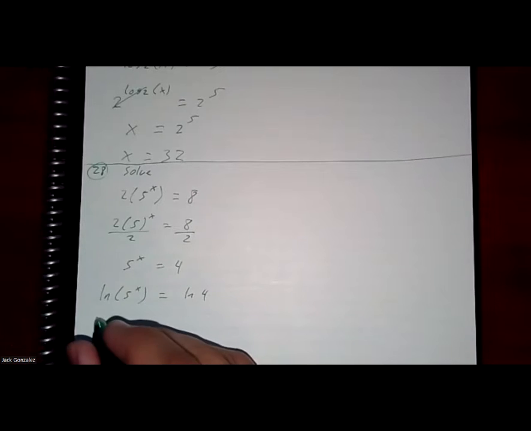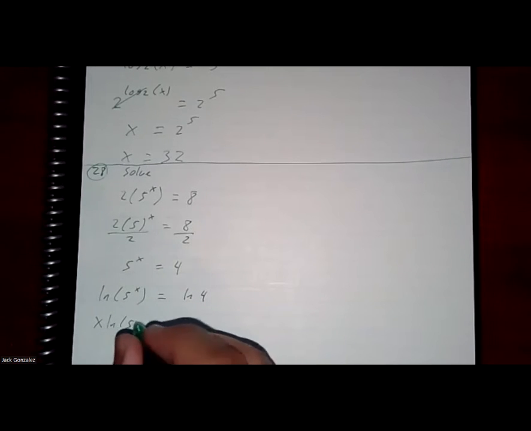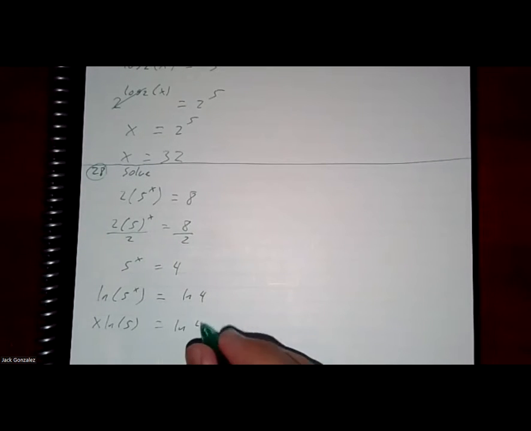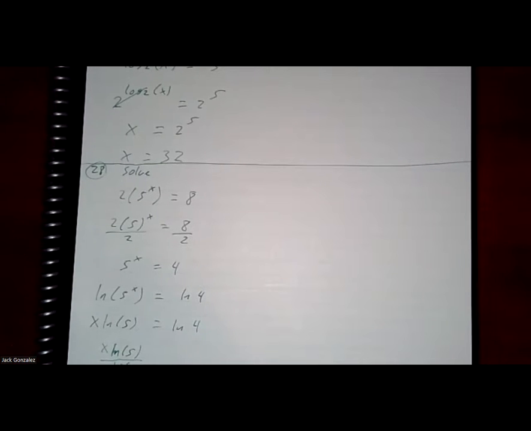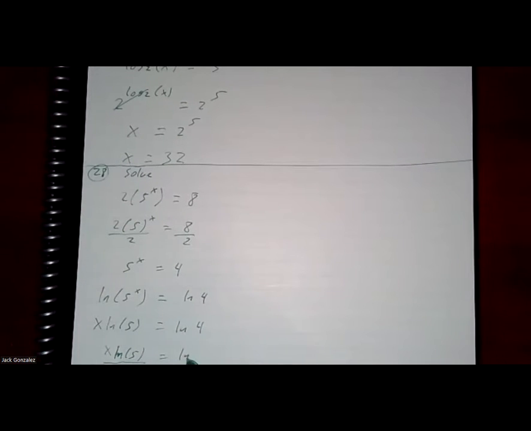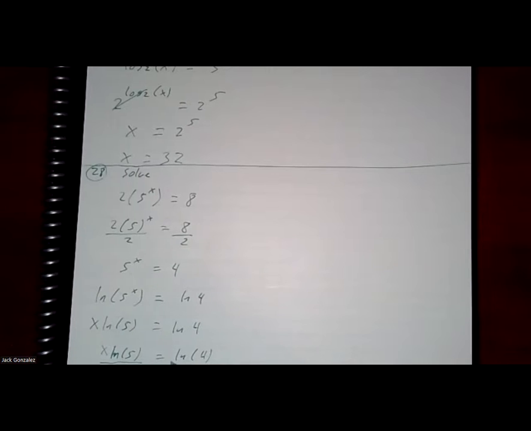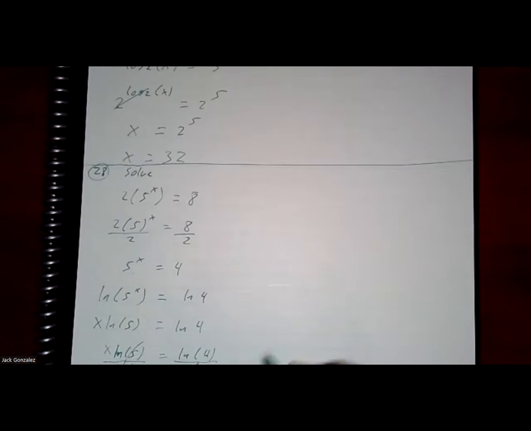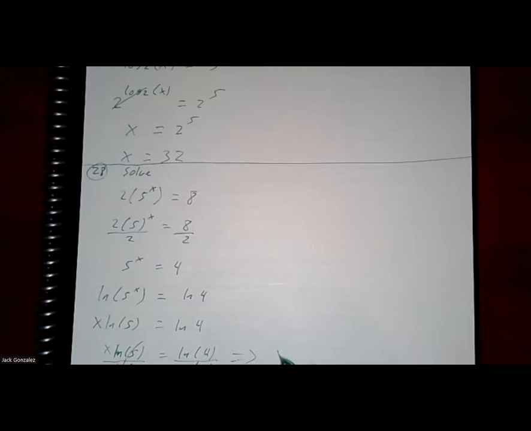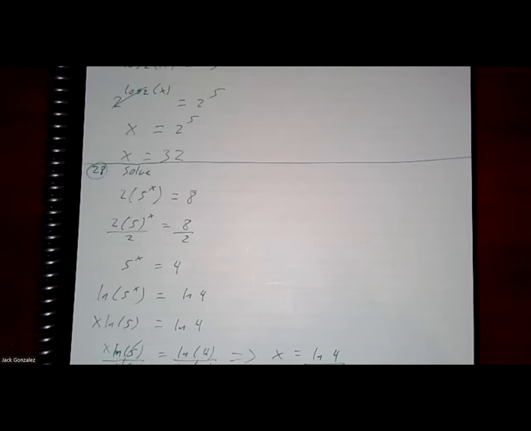Then bring down the x on purpose. Now we can divide this out and we're done. So x will become ln 4 over ln 5.